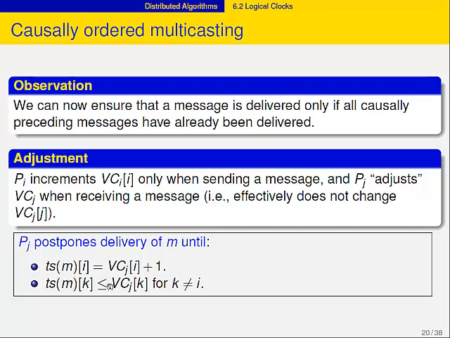And then I have to wait until I've seen all the messages that this guy had seen when it sent message M. Otherwise, I'm passing stuff onto my application based on potentially partial knowledge, because I haven't received everything that this guy had received when it sent the message. That's what is in the second condition.